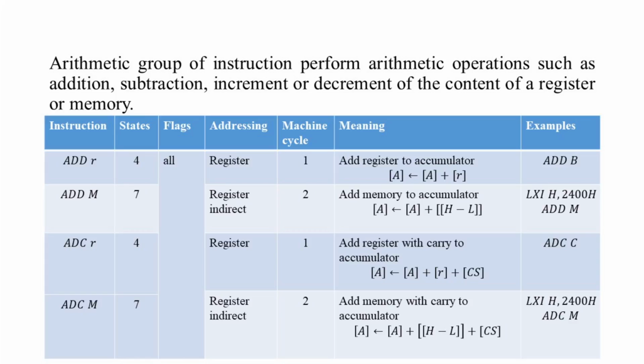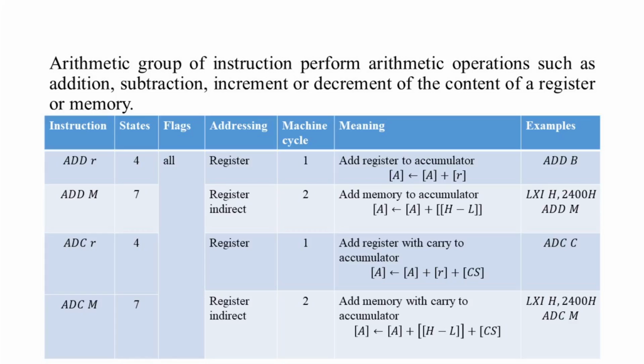Here we add the content of the memory location, whose address is placed in the register pair HL, with the content of the accumulator, and the result is placed in the accumulator.